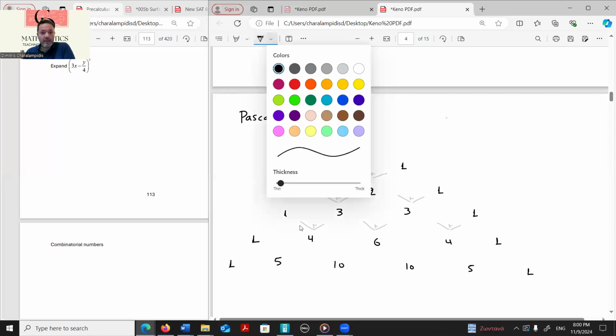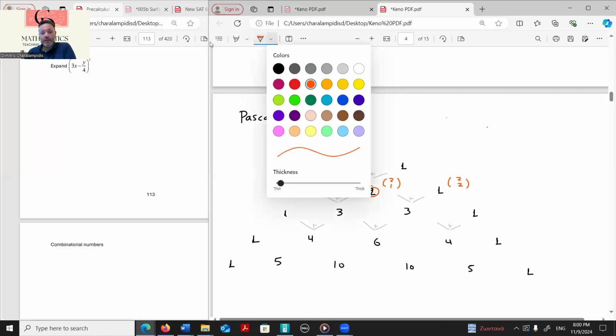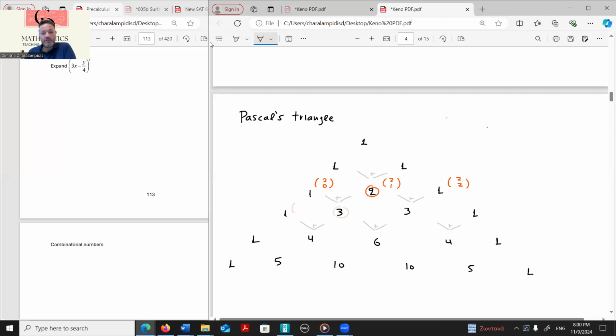The interesting part, however, for these numbers is that they are not just numbers. They express the combinatorial numbers. We see 2 here, so this line should describe the combinatorial numbers of 2: 2 choose 0, 2 choose 1, 2 choose 2. We have 3 here, so this line describes the combinatorial numbers of 3: 3 choose 0, 3 choose 1, 3 choose 2, and 3 choose 3.